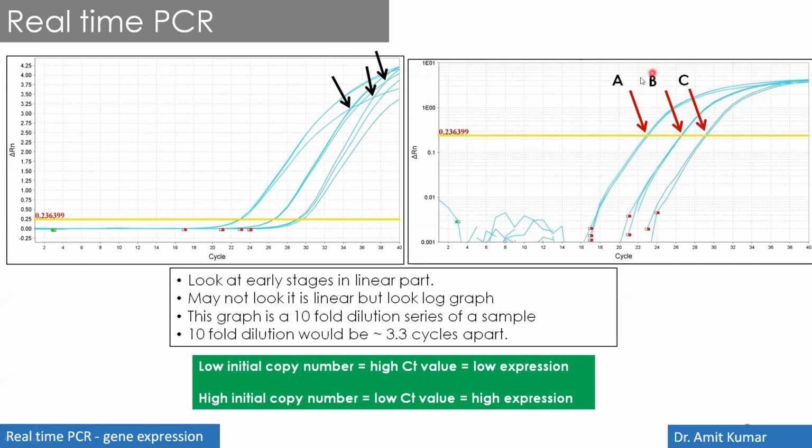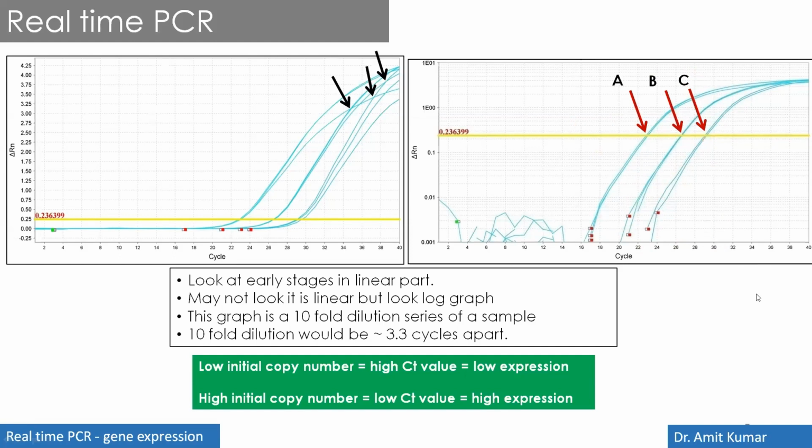Now, in this particular example, you will see that there are three reactions A, B, and C. Reaction A is reaching the threshold limit at around 23 cycles, whereas reaction B is reaching around 27 cycles, and reaction C is reaching somewhere around 29 cycles.